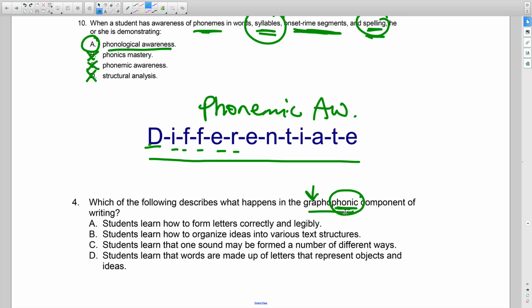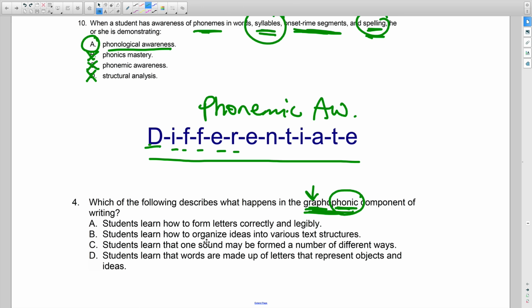It's pretty much the same thing. Component of writing, okay? Graphophonic, it's the phonics component of writing. Let's take a look at A. Students learn how to form letters correctly and legibly. Well, to graph is to write, so to form letters correctly and legibly sounds good. I'm going to keep it. I'm not going to cross it off, but let's go to the next one.